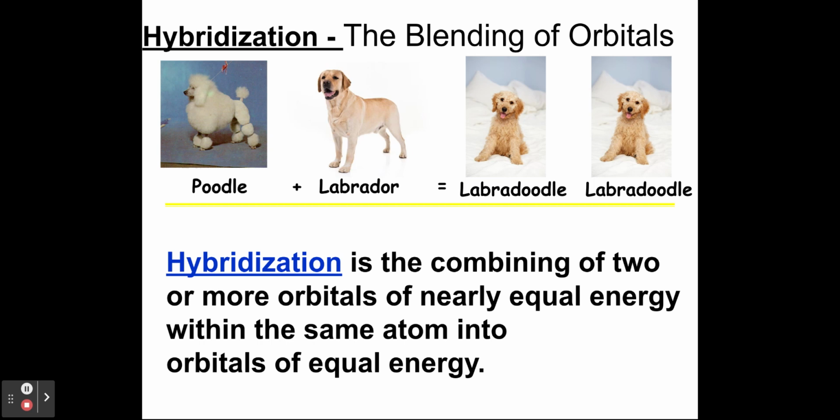So you take different orbitals, you hybridize them, and you get the same number of orbitals, but they are a hybrid of the orbitals you had mixed together. So what do I mean? Let's show you how this is done.